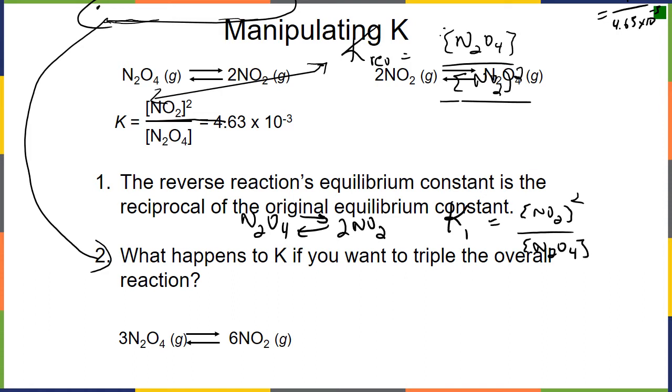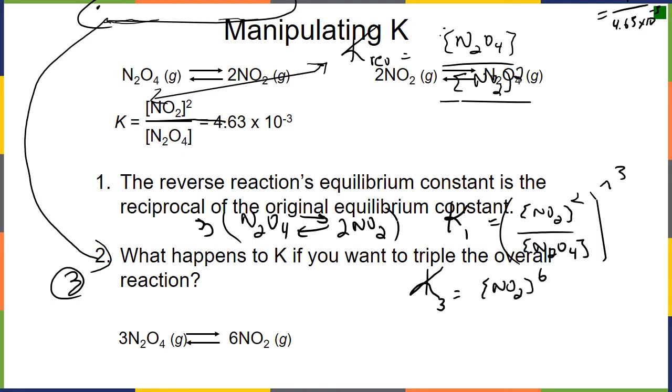We take this equation and multiply the entire thing through by 3. Now we get K for this reaction, which I'll call K3, equal to this expression raised to the third power, because it's going to equal NO2 now to the 6, which is 2 cubed, divided by N2O4 cubed.